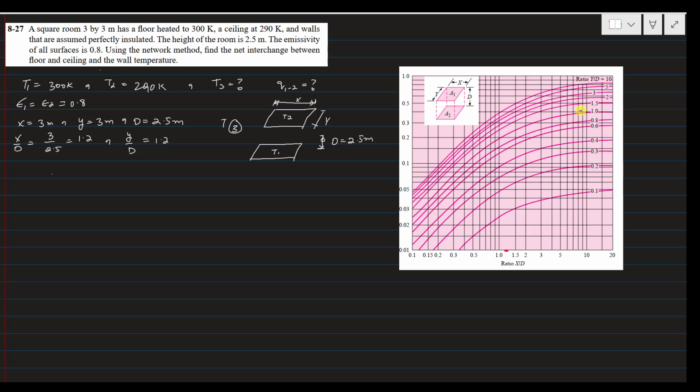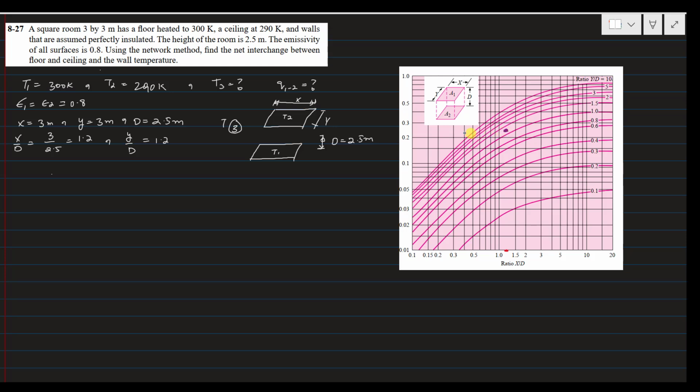So if you intersect this x by d ratio with the y by d ratio, it will coincide at this point, because the curve for y by d ratio will be in between 1.5 and 1.